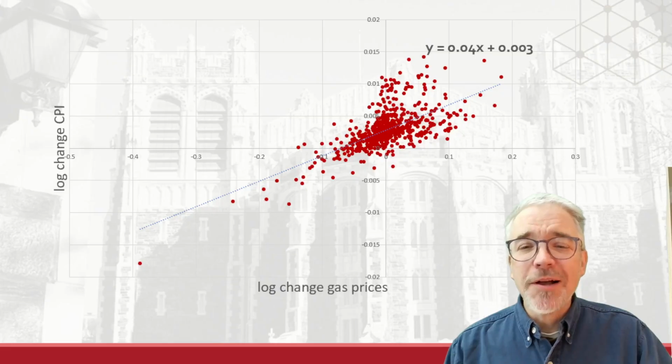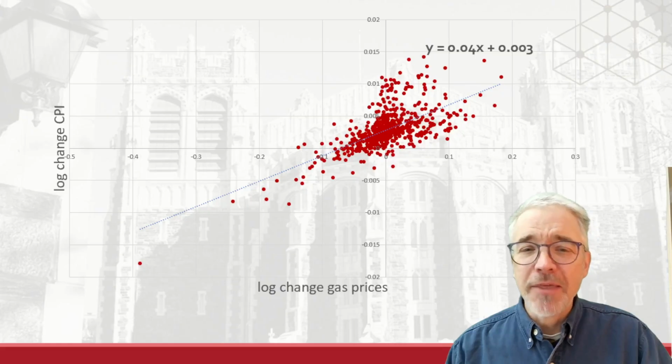But if we were to draw a line to summarize all these points, and there's some nice math that helps do that, it would have a slope of around 0.04. So a $1 increase in the price of a barrel of oil historically is correlated with a 4-cent increase in the price of a gallon of gasoline in the US.